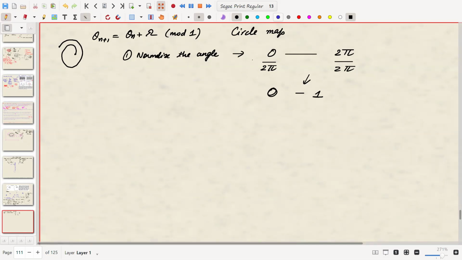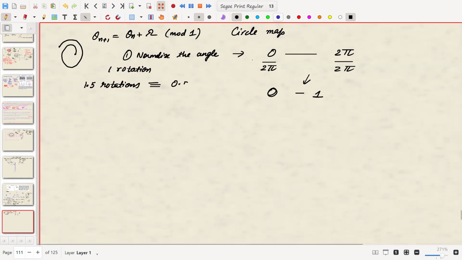Now, if I tell you rotations, can you see what is meant by 1 rotation and what is meant by 1.5 rotations? If it is 1.5 rotations, it is just like 0.5 rotations. Isn't it? See how 1.5 rotation looks like. This is 1 rotation. Agreed?